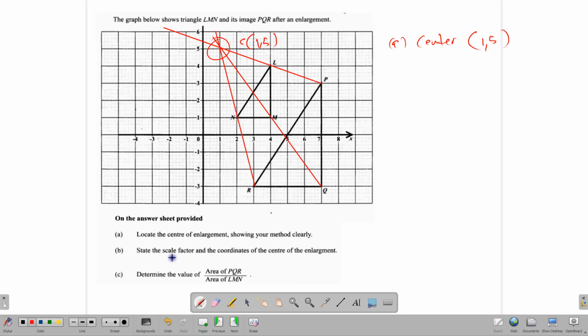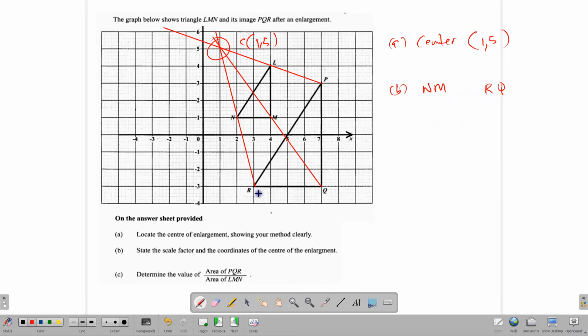Now it says state the scale factor and the coordinates of the center of the enlargement. So we're going to state the scale factor now. Well, that first one was just to locate it. We wrote it down. Let's find the scale factor. Now, to find the scale factor, it's pretty simple. You need to locate two similar sides. So notice here in this question, we're answering part B, NM is similar to RQ.